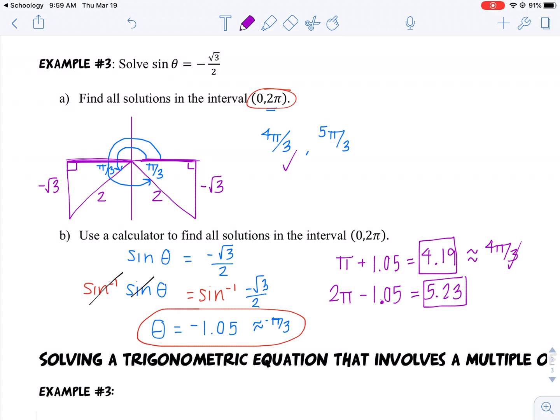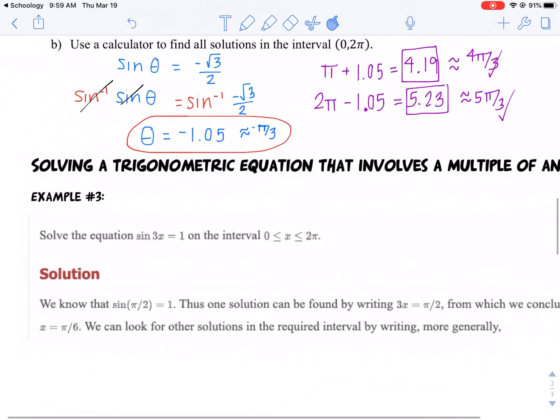If I use my calculator to check, indeed, 5 pi over 3, check and check. So please make sure when you are using your calculator that you're being smart about it. You're realizing what's in the restriction and where your reference angles need to be in what quadrants. Okay, this will take some time, so please practice that in your homework.